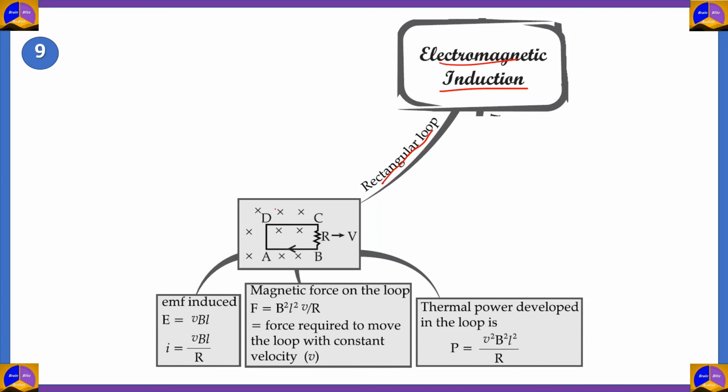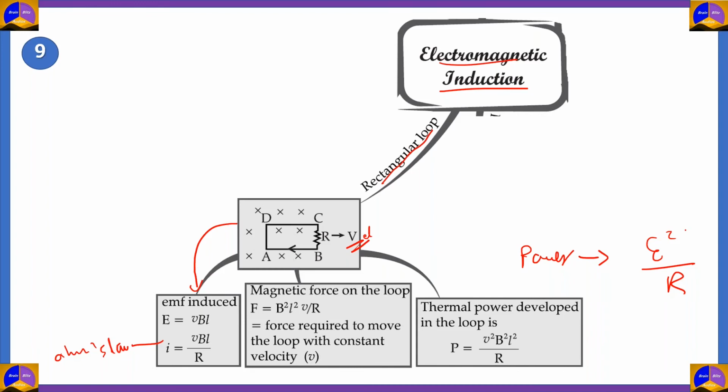So we consider a rectangular loop with resistance R moving with a velocity v in a magnetic field. So in this case, the motional EMF that is induced is BLV, and the current due to Ohm's law is BLV divided by R. Now, when it comes to power, in the third chapter, we've learned that power is equal to V squared by R, potential difference squared divided by resistance.